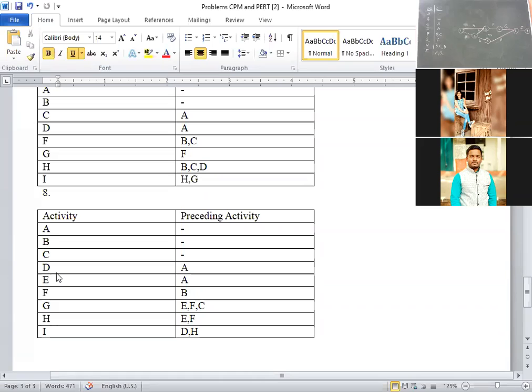Understood, I hope. 7th one also, everybody. Go through the 8th one. Go through the activity and preceding activity of the 8th one. Try to draw the network diagram.